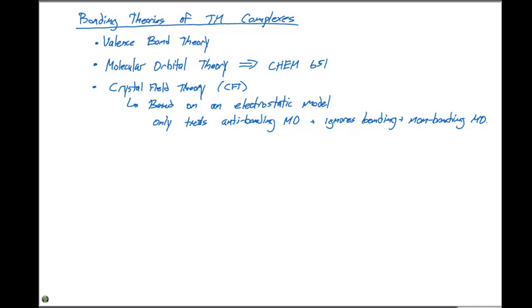And this is going to make our life so much simpler. So we're just looking at these high energy antibonding orbitals, and we can rationalize this by saying there's going to be some kind of electron-electron repulsion.